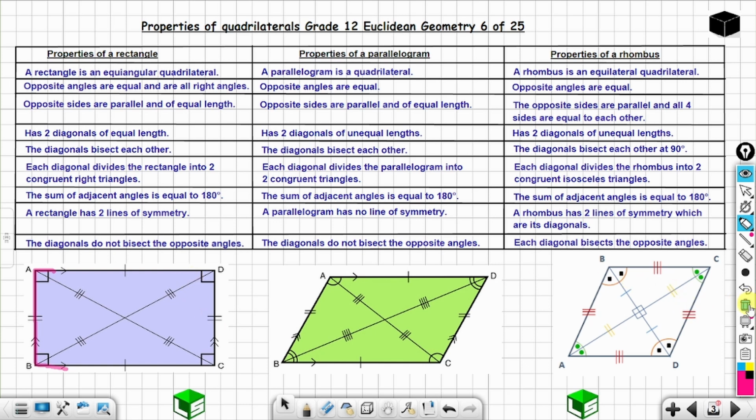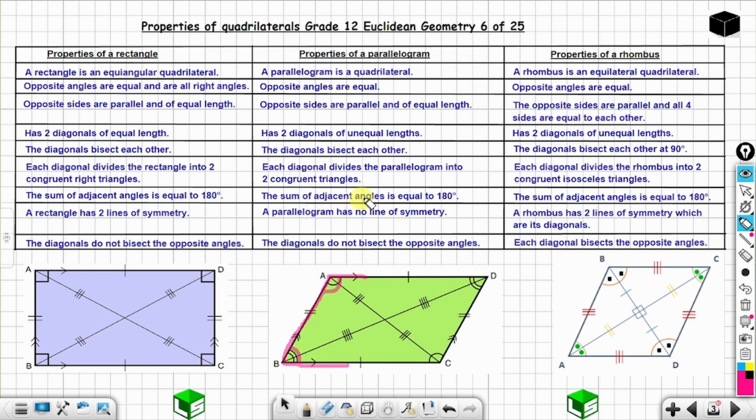You can check for a parallelogram. You have your U shape. This side is parallel to this side. So this angle plus this angle, you're going to have 180 degrees. Okay, the two angles are supplementary.